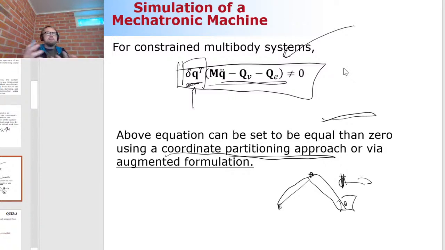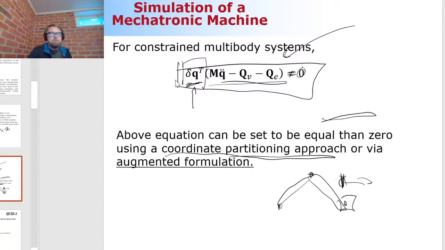So we are adding something to my original equation of motion. And again, why do we do it? We do it because this equation as written here cannot be set equal to 0, because we do not account for the constraints. So the constraints are the missing component here.